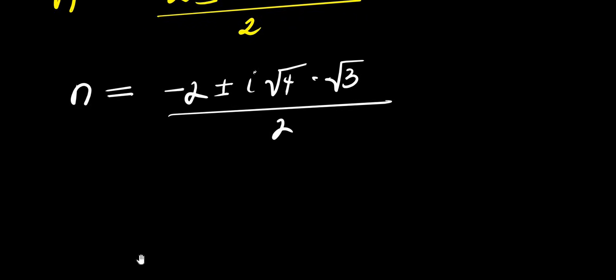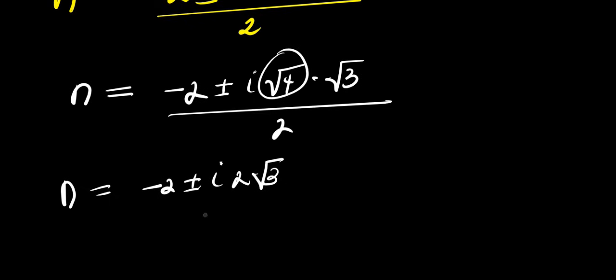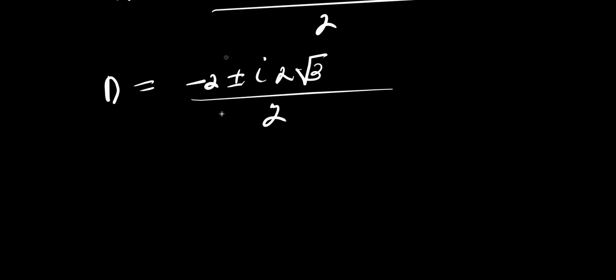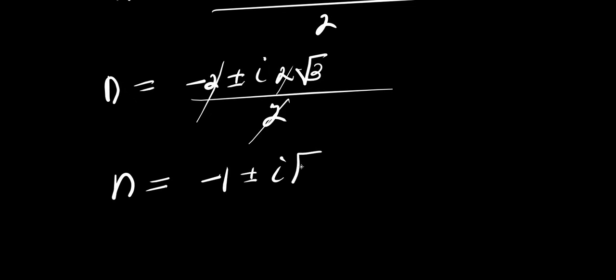So from here, I have n equals negative 2 plus or minus i times square root of 4, that is 2, root of 3, divided by 2 times 4. So what I'm going to do is cancel this, cancel this. I have n equals negative 1 plus or minus i times root 3, divided by 4.